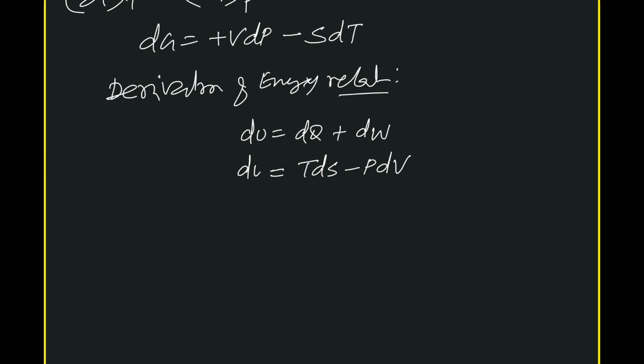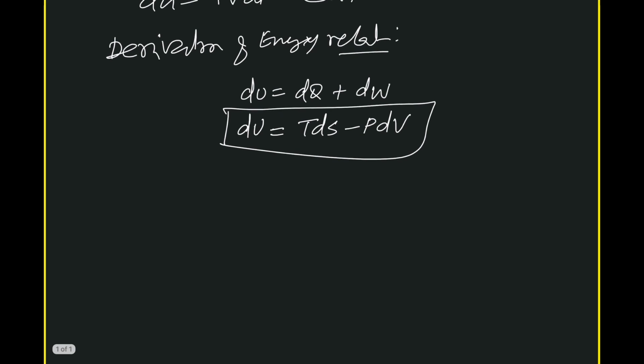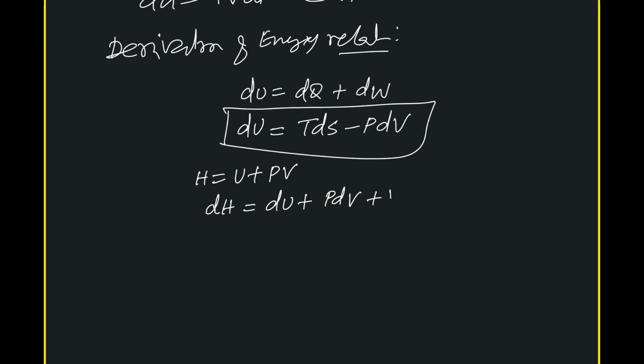So this is the fundamental energy relation corresponding to U. And from the definition of H, what is H? H equal to U plus PV. So if you take a derivative, dH equal to dU plus PdV plus VdP, and if you take this as 1, using 1 here, we have dH equal to TdS minus PdV.